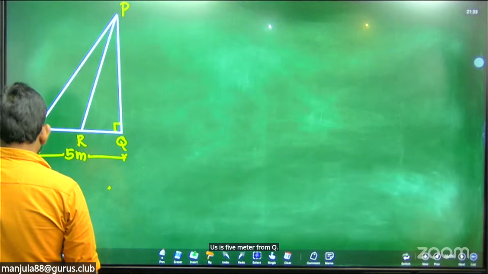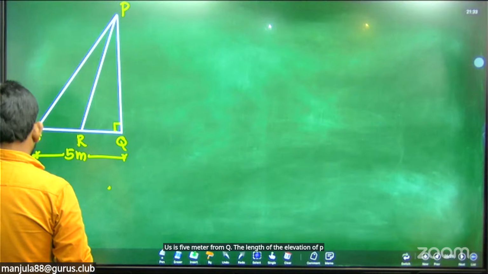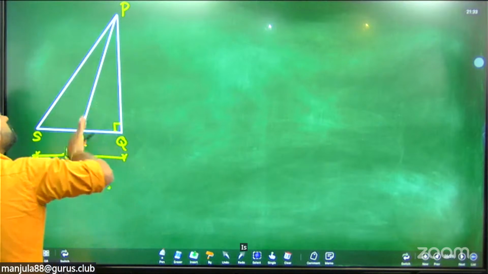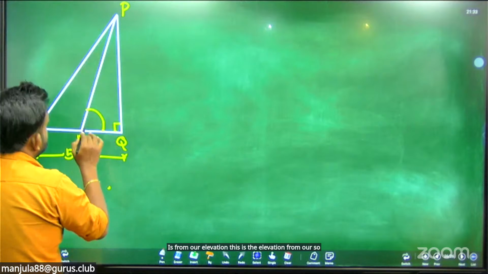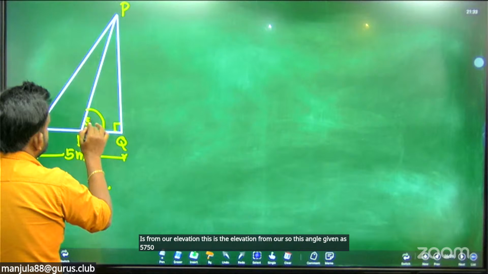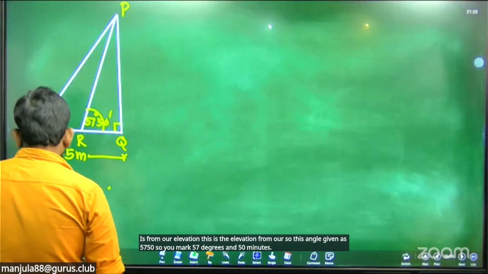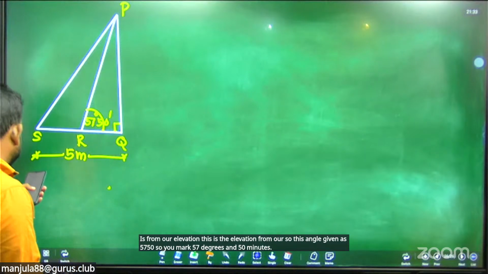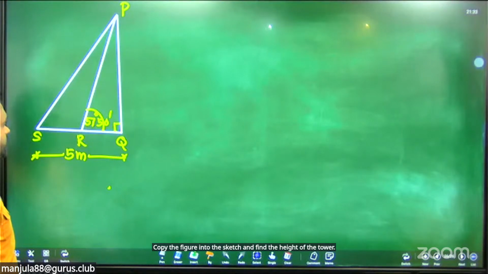The angle of elevation of P from R is given as 57 degrees 50 minutes. So you mark 57 degrees and 50 minutes. Copy the figure into the sketch and find the height of the tower.